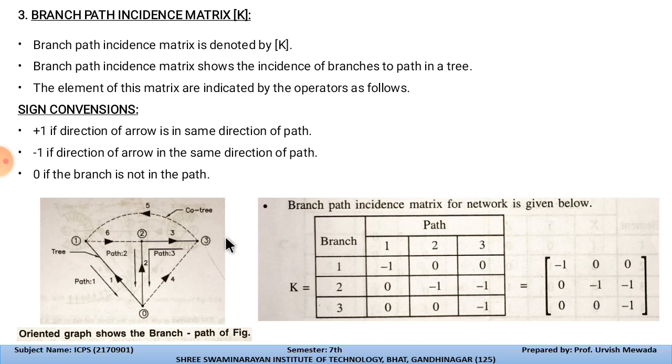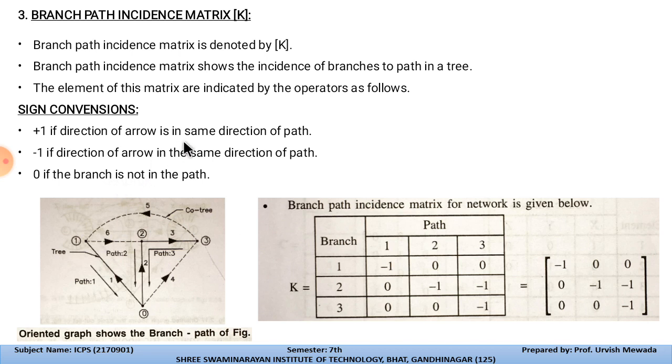What is a tree? A tree indicates the path, and the number of elements which includes all the nodes without a closed loop. So here you can see that this is the path in which we included all the nodes, node number 1, 0, 2 and 4, but it is not forming a closed path, so that's why it is called a tree, and the rest of the elements are the co-tree of this particular oriented graph.